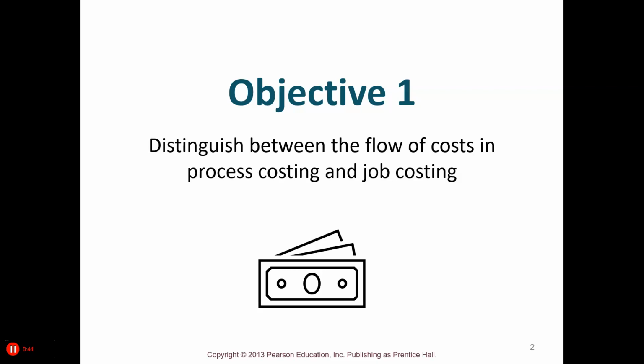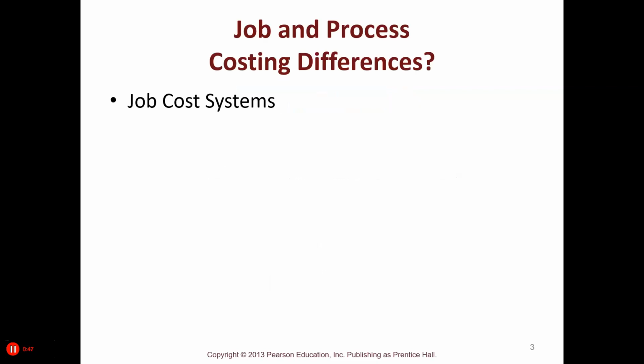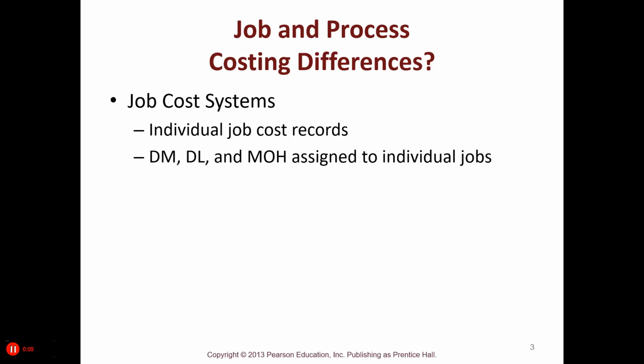So first, we're going to distinguish between the flow of costs in process costing and job costing. Now, job cost, what we do there is we have individual jobs. Like, for instance, say we make a boat or we make a Rolls-Royce. What we would do is we would assign all the direct materials, direct labor, and manufacturing overhead to each individual job.